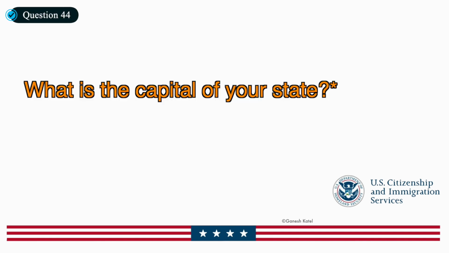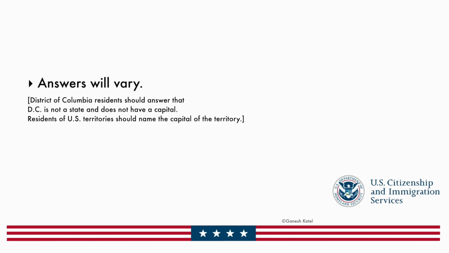What is the capital of your state? Answers will vary. District of Columbia residents should answer that D.C. is not a state and does not have a capital. Residents of U.S. territories should name the capital of the territory.